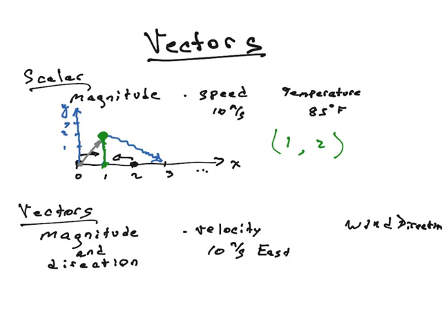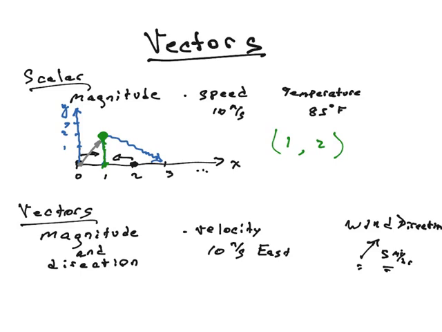You may have something on the map that shows the direction of the wind, and it's blowing at 5 miles per hour. So again, this gives you a magnitude, the 5, how fast the wind is blowing, but also the direction. Is it blowing in from the north or towards the north or whatever?